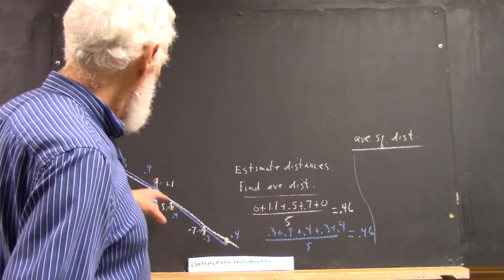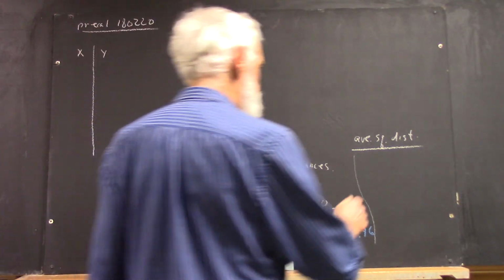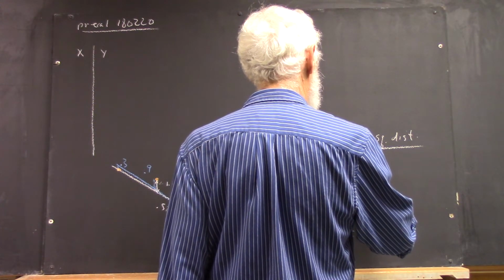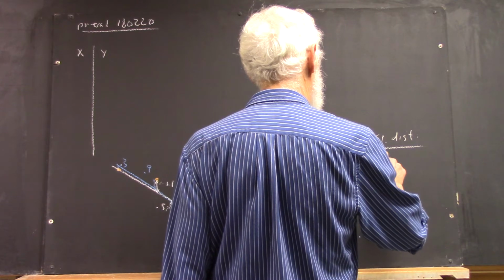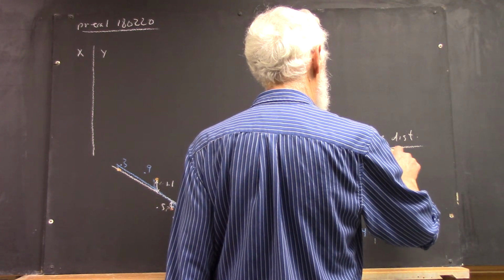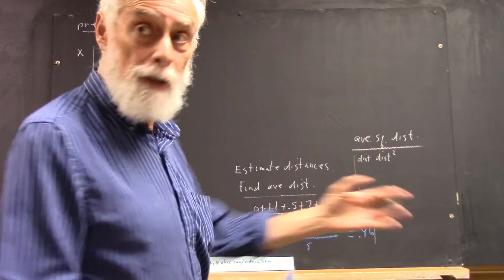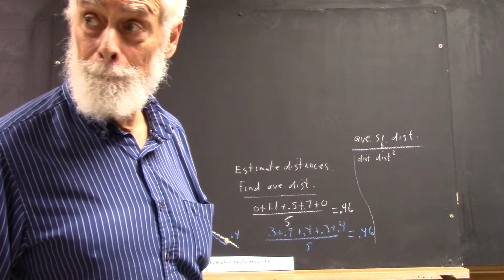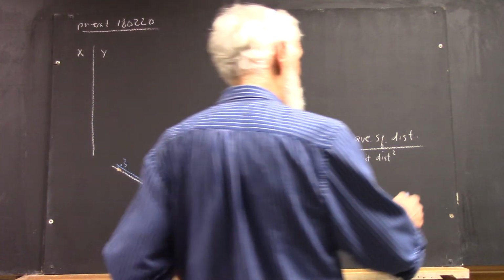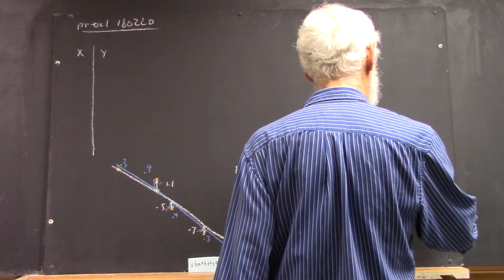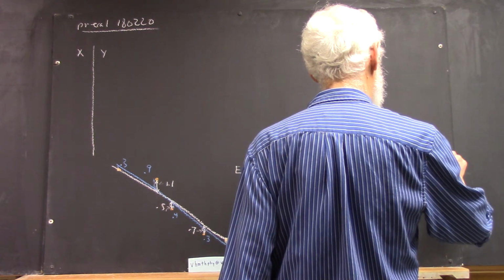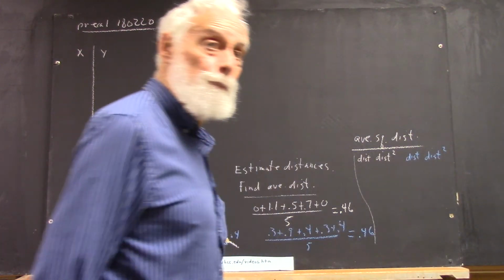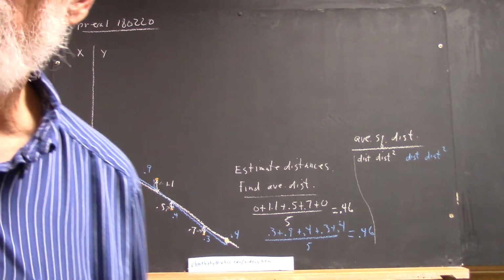Now, in white, I'll do the squares of these distances. I'm going to write down the distance and I'm going to write down the square, okay? And then I'm going to do it for the blue estimates, the distance and the distance squared, okay? But while I'm doing that, you do it too.